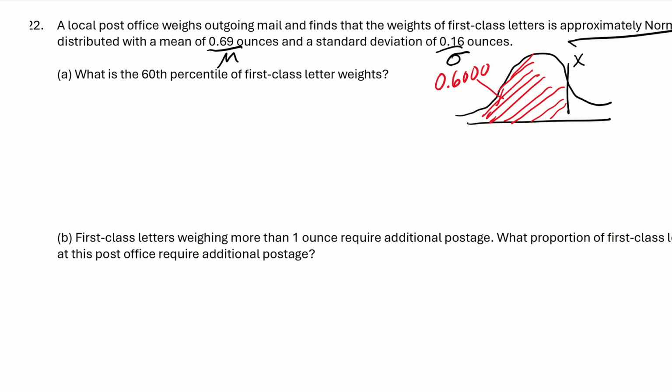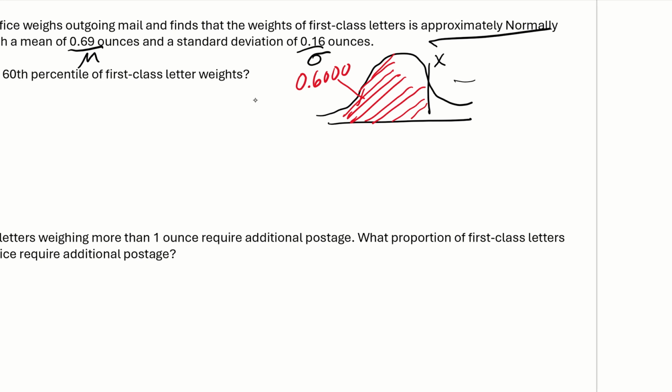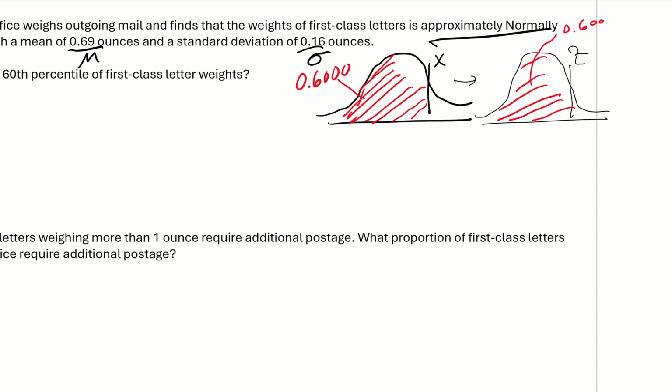So we need to convert this to a z-score, right? We need to figure out what z-score this corresponds to. So if we convert this to z, what z-score would that be for this to be 0.6000? In order to do that, we need to use the z-table.